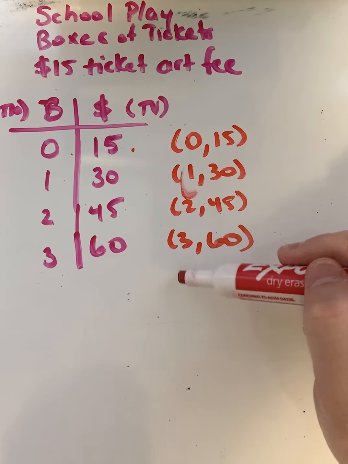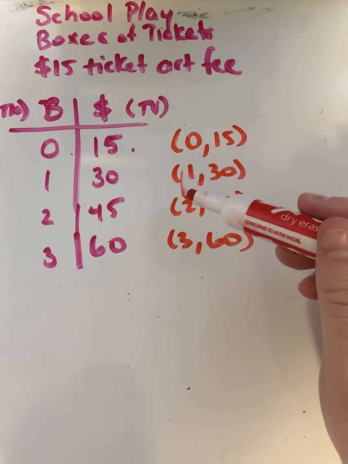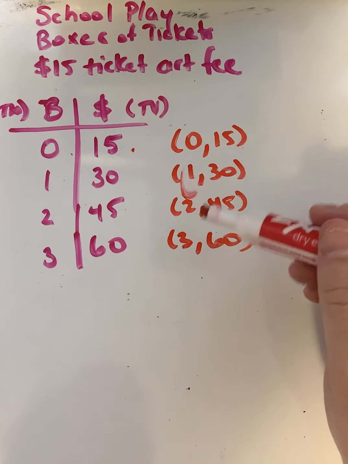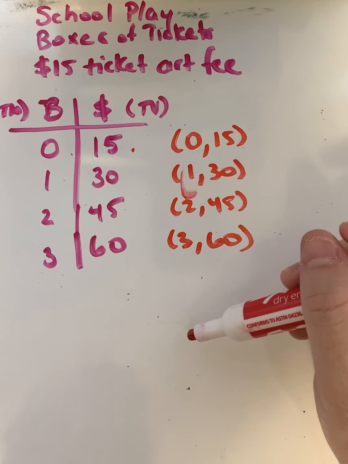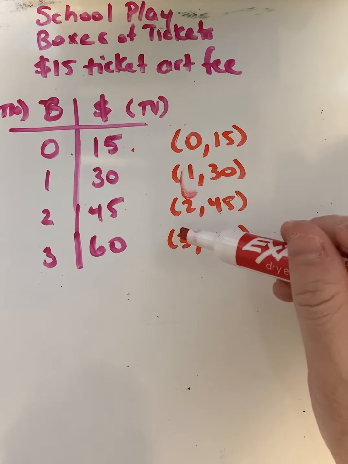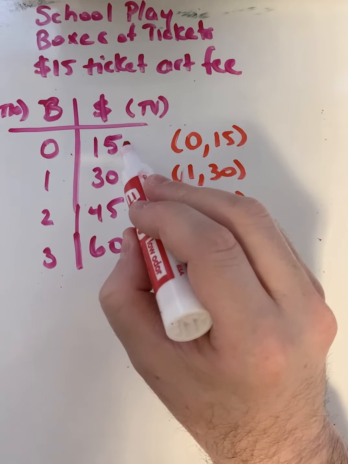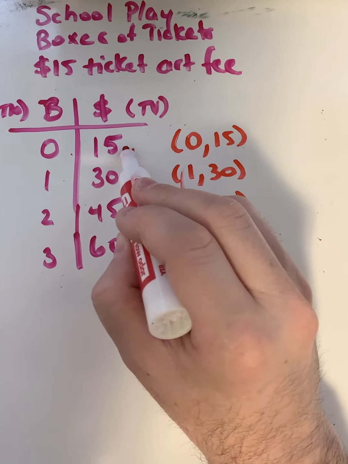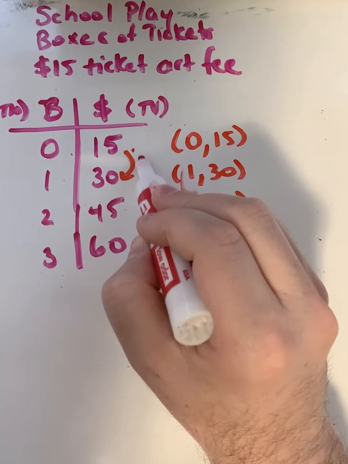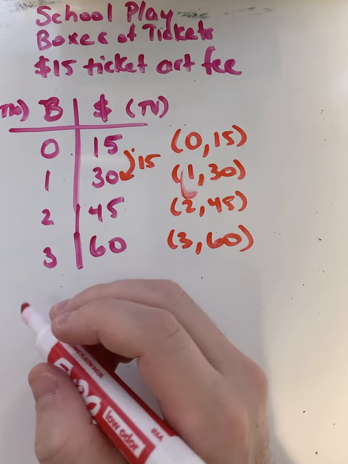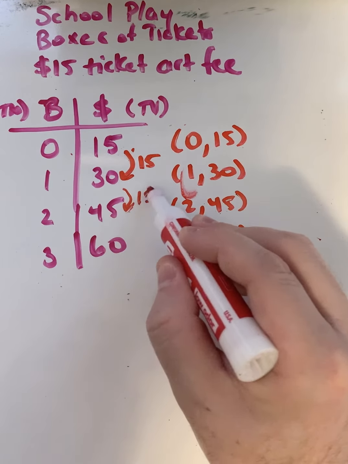What if I was asking you the next step was to create me an algebraic expression for the pattern rule? So we've got my ordered pairs. I'm going to look at this. I'm going to say to myself, all right, to go from 15 to 30 is 15, and then 15 and 15.